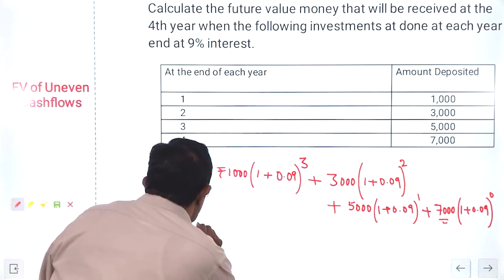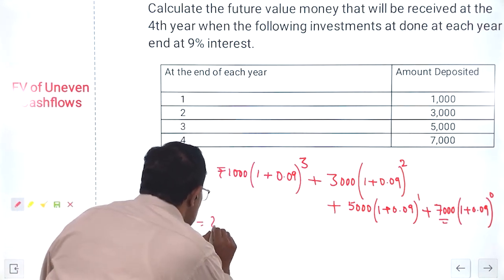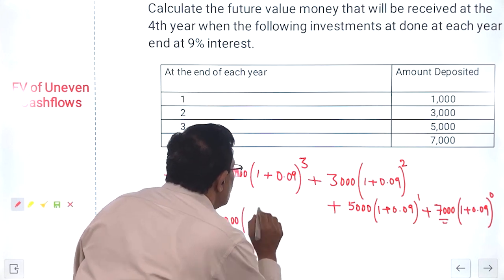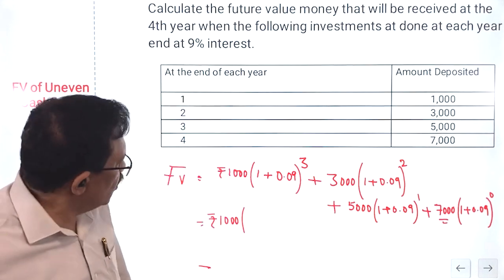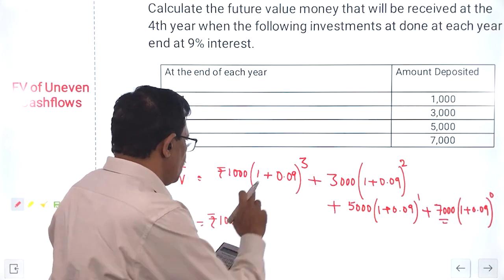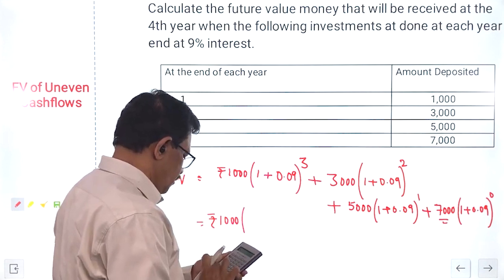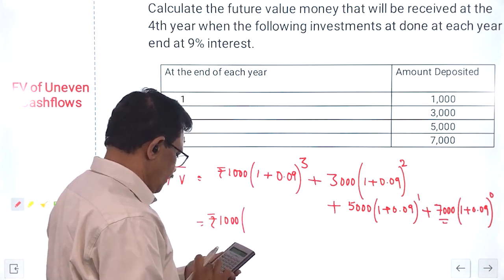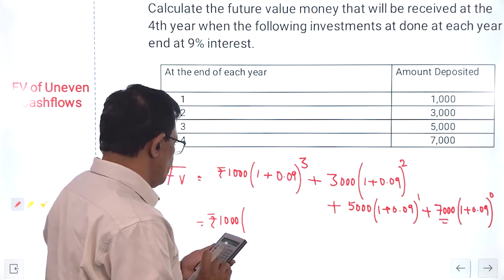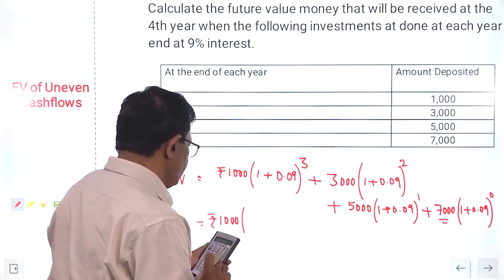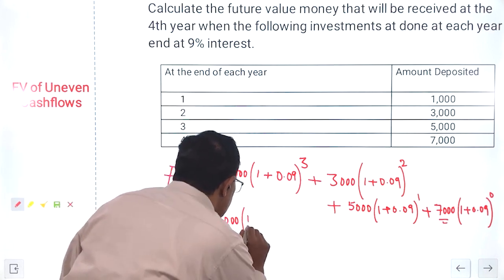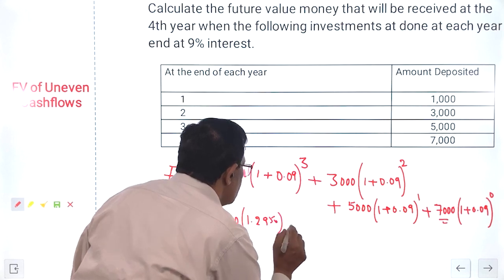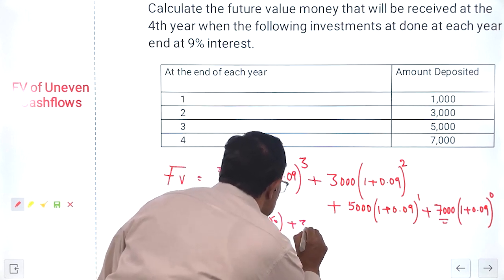It is rupees 1,000 into 1.09 whole to the power of 3. 1.09 whole to the power of 3 is going to give me 1.2950.